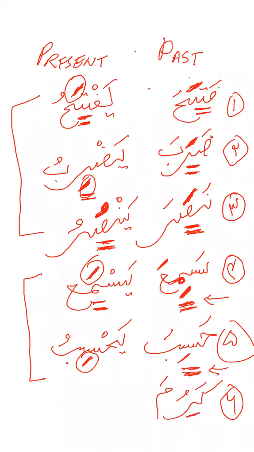Yakrumu. The combination now is dhamma on the ain kalima and dhamma on the present tense ain kalima. So you have these combinations.